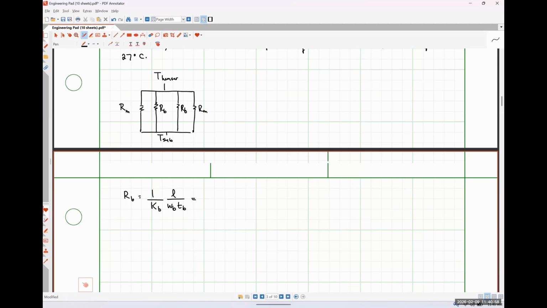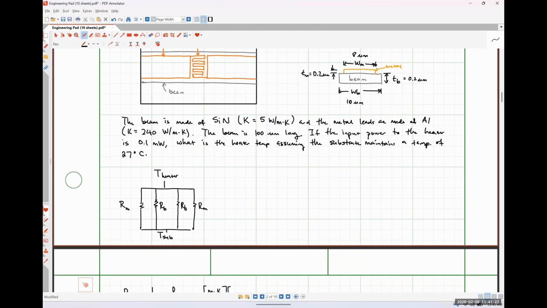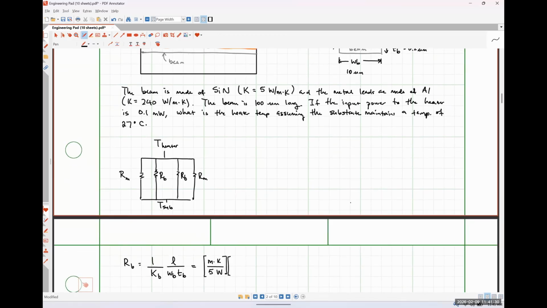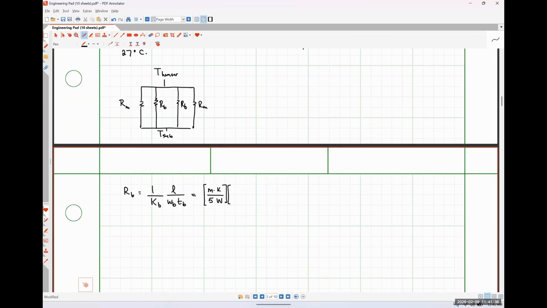So 1 over KB is going to look like 5 watts per meter Kelvin. For the length, the overall length of the beam is 100 microns, but since we're going from the heater at the midpoint to the left, and from the heater at the midpoint to the right, I'm going to call this 50 microns.